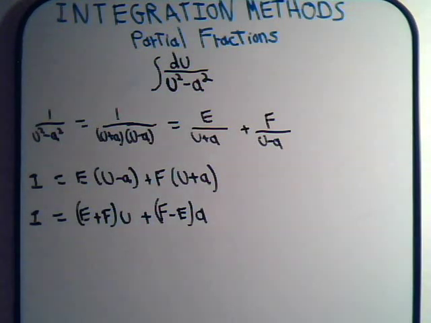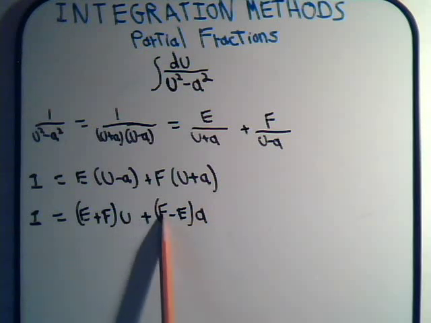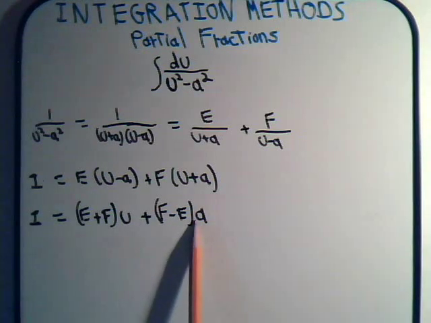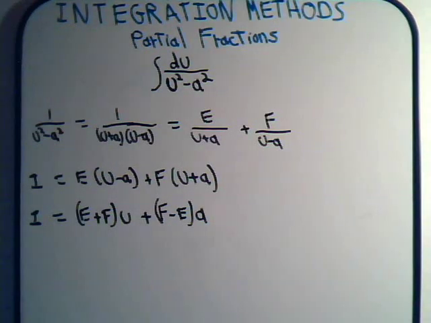Okay, and on this side of the equation, we don't have any u terms, so e plus f is going to have to be 0. Our constant term here is 1, so f minus e times a is going to have to equal 1.